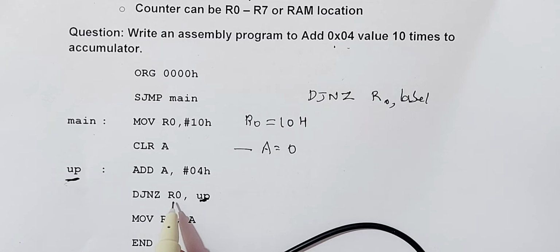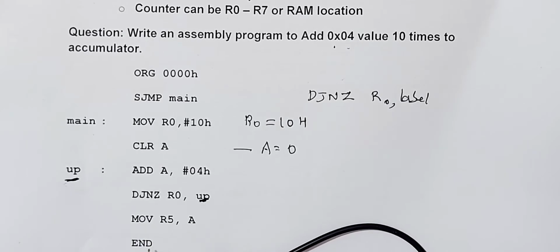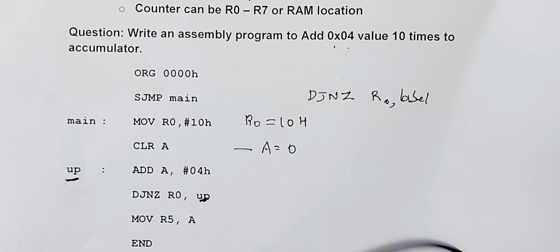Once R0 becomes 0, what does this say? Decrement R0, jump only if R0 is not 0. Jump if not 0. If R0 becomes 0, it will go to the next step. Then I will load the value of A into some other register, MOV R5, A, and the process will end.